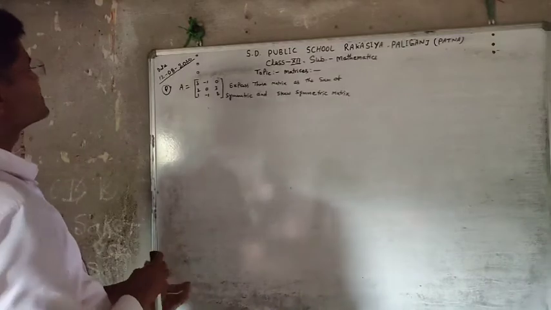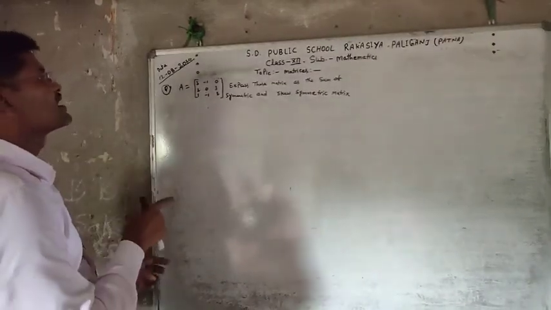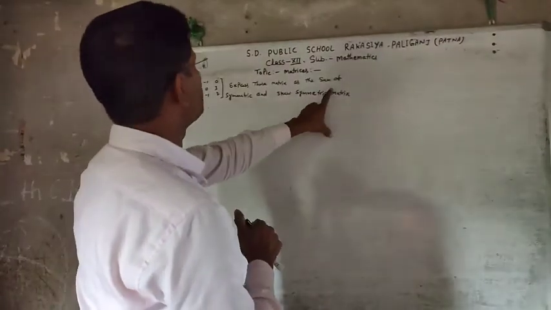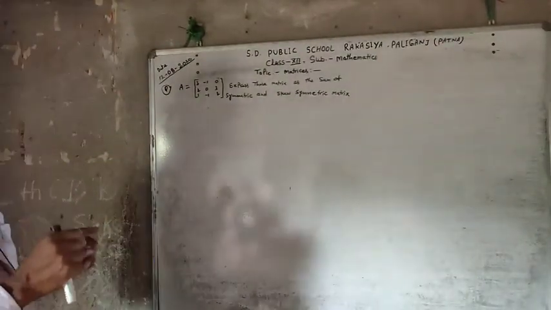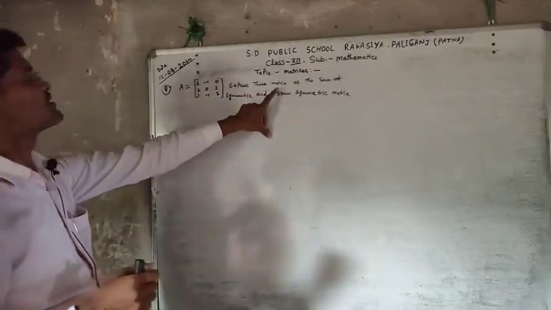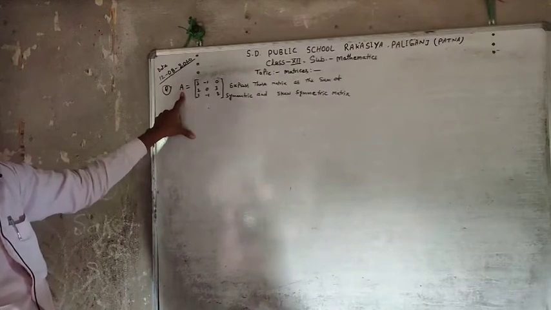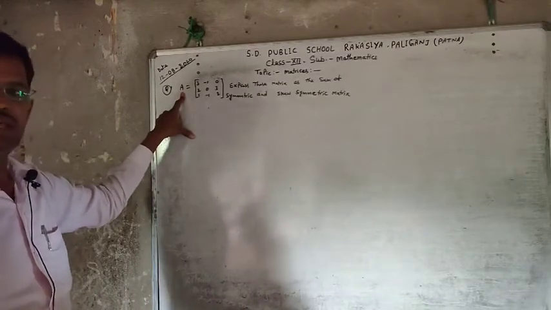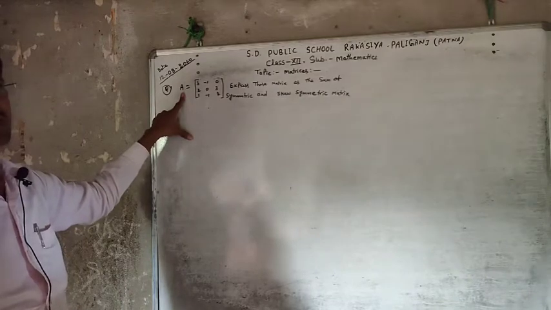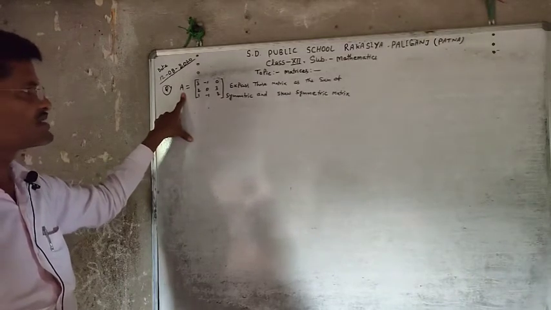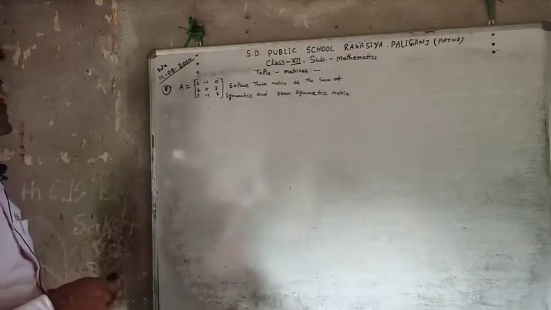Means matrix A has to be expressed in the form of sum of symmetric and skew symmetric matrix, and we know that the symmetric matrix is written as 1/2 (A plus A transpose) or only A plus A transpose. We know that A plus A transpose is a symmetric matrix and A minus A transpose is a skew symmetric matrix.